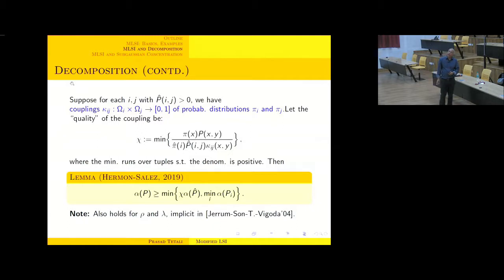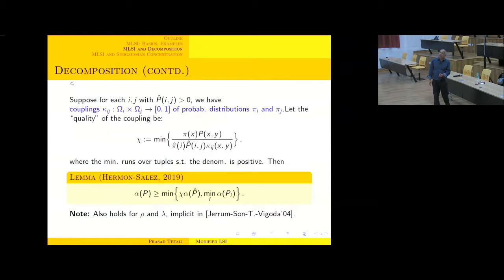The quality of a coupling can be measured by this chi. So what is this? The way I think about it is, look at pi bar of I, p bar ij. That's the bundled total flow between the ith and jth pieces. That's the total amount, and pi x, p x y for individual states x and y is the weight that particular edge is carrying. If that's too little compared to this heavy load, that's too much, because you want the minimum to be as large as possible.